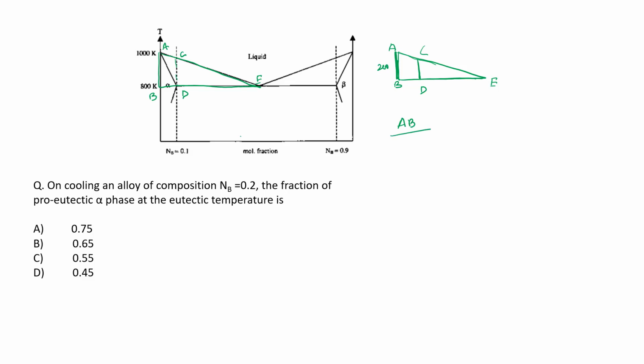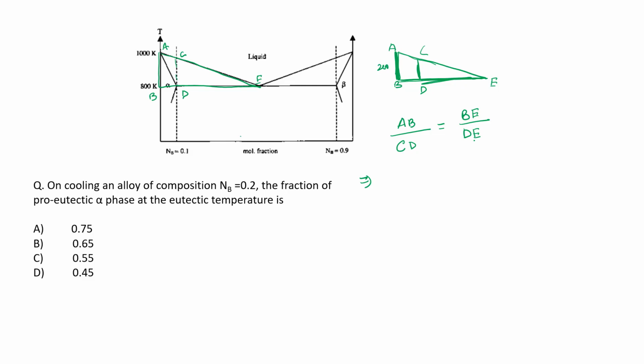AB by CD is equal to BE by DE, by the properties of similar triangles. So the total line of triangle ABE, AB, divided by CD, is equal to the total line BE of this triangle to DE of the next triangle CDE.